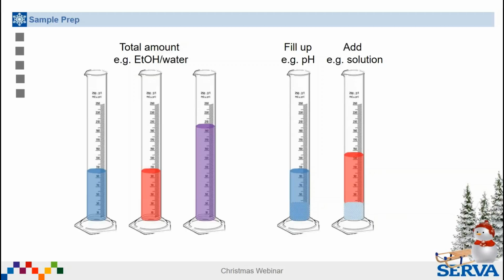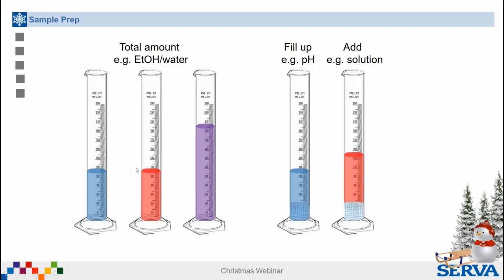If you use 50% ethanol, for example here 100 milliliters, then you have to add the same amount, 100 milliliters of water, and what you can observe is that you have a loss of about, let's say, 1 to 5 milliliters.